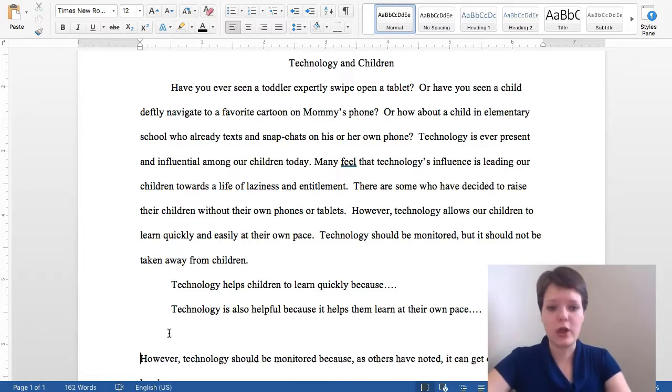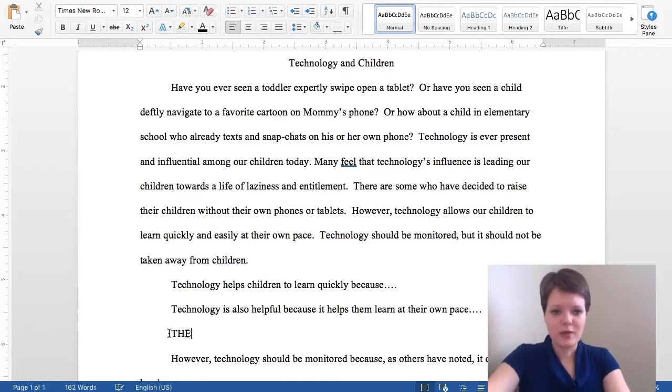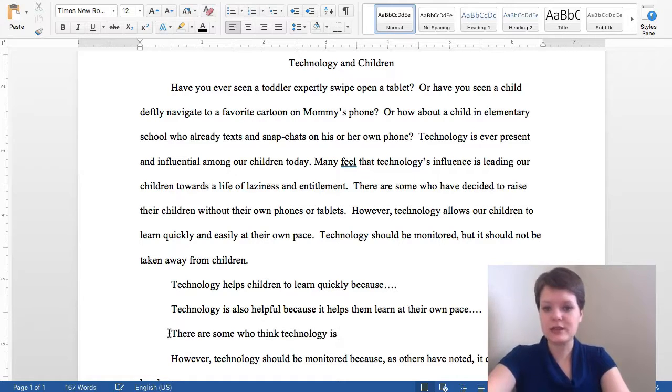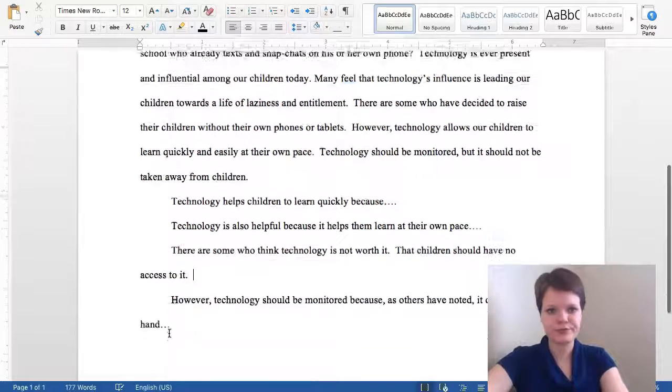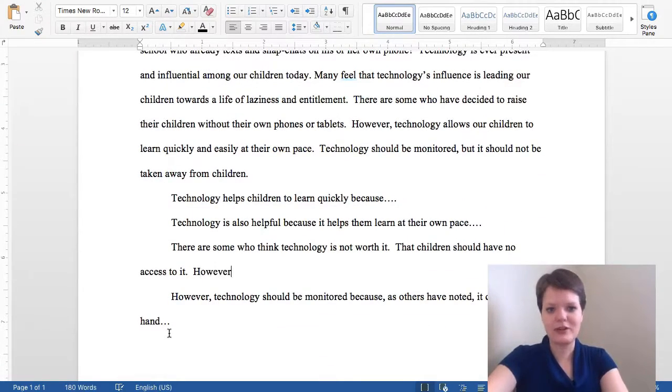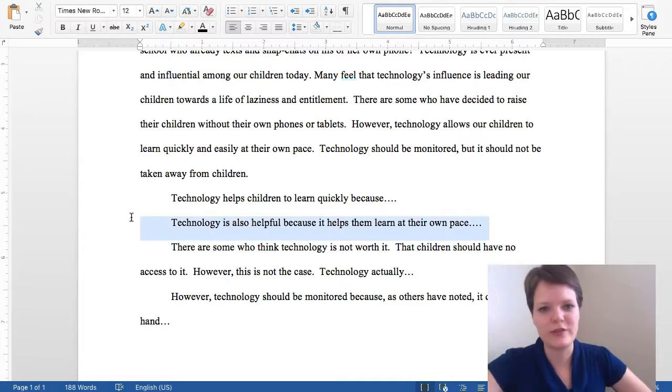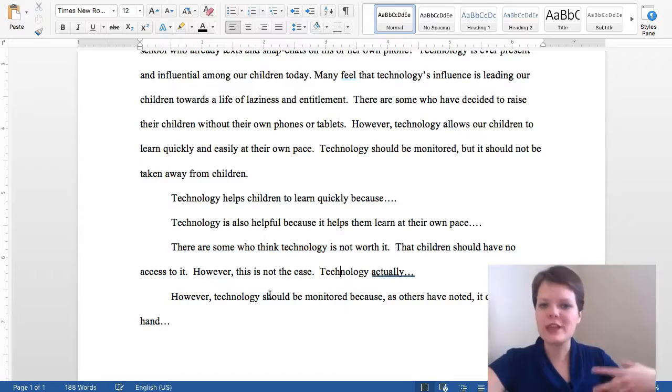Maybe my opposing viewpoint would be, there are some who think technology is not worth it, that children should have no access to it. However, this is not the case. Technology actually, and I could go on and reference my previous points there. So I hope that gives you a rough idea of how to approach this paper.